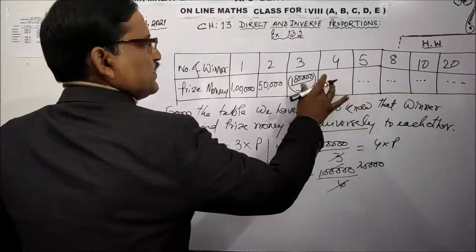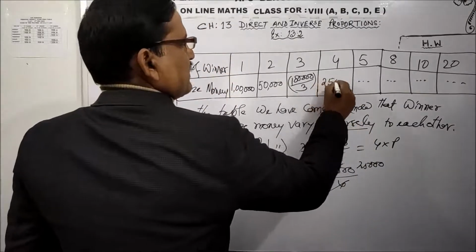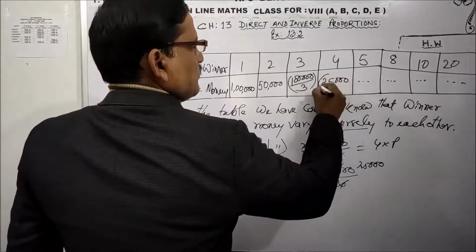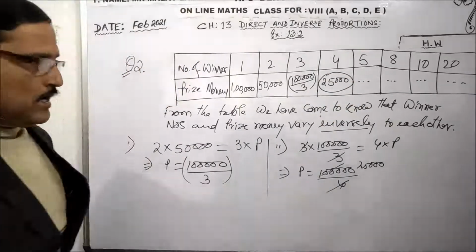So here it will be 25,000. Put in the box.